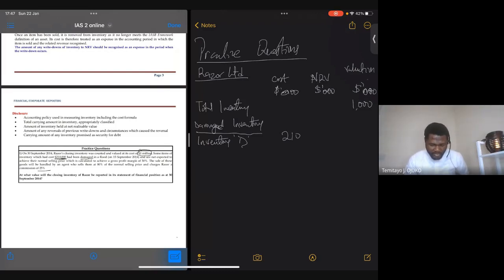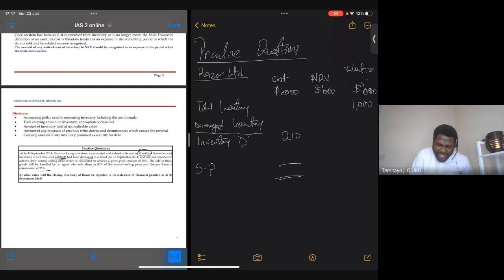Now, they said it has been damaged in a flood, and they are not expected to meet their normal selling price. Now, 210 is the cost. The selling price, we have to look for it. Why?